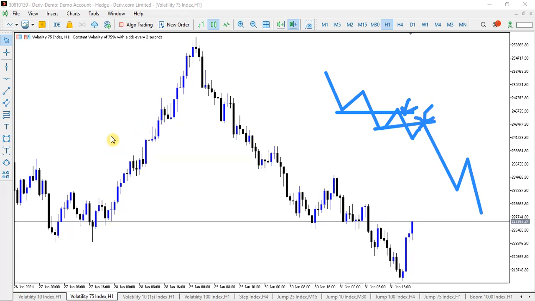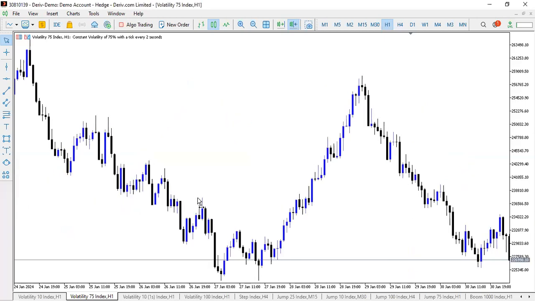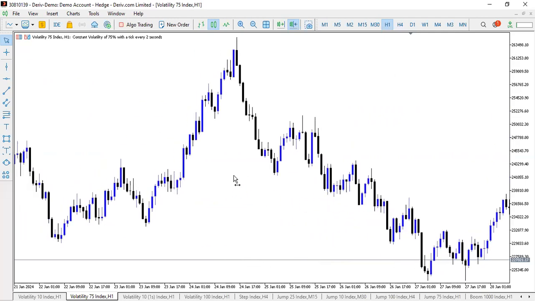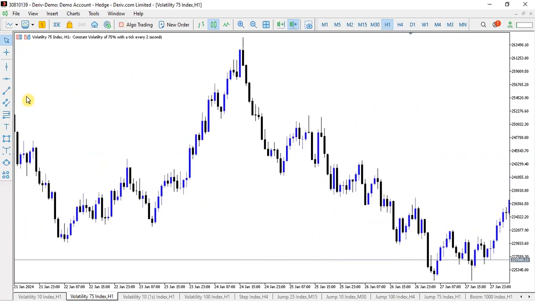So now let's look at the chart. You see this area here. We have the breakout here, which you guys can clearly see. You're looking at the charts now, you can clearly see that breakout.